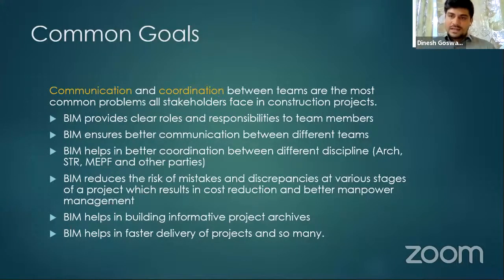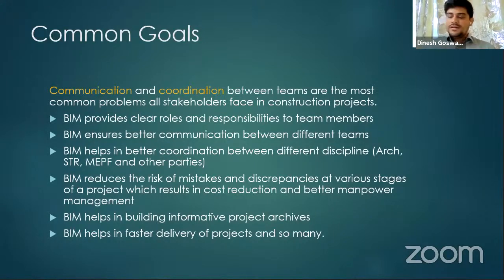In the next step, all the teams start working on 3D models with the guidance of the BEP. Let's say architecture will create a model of architectural elements, the structure people will create their model, and then MEP services will create theirs.